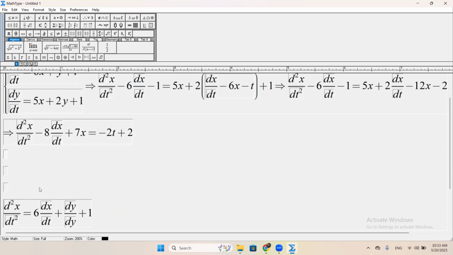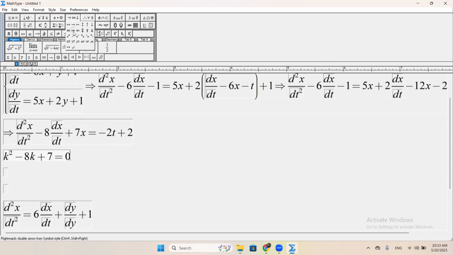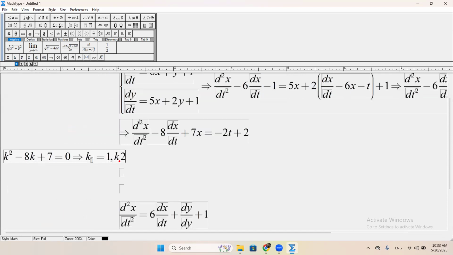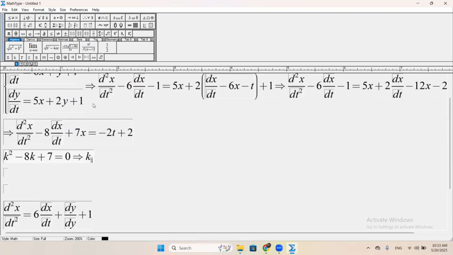Solving first of all the characteristic equation, so solving a homogeneous equation. So k square minus 8k plus 7 equals 0. Then k1 equals 1 and k2 equals 7.